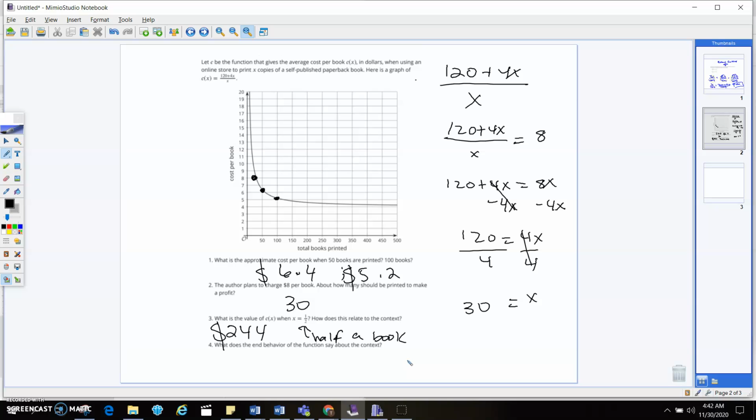Okay, so for end behavior with rational functions, we've got something that's called an asymptote. Right here, do we see how it levels off and looks like it's approaching 4? It'll go off onto infinity and it's getting close to 4, but it's never actually touching 4. So that is the horizontal asymptote.